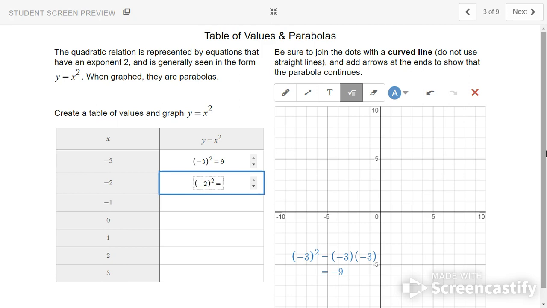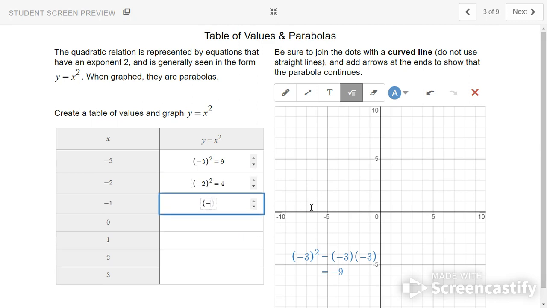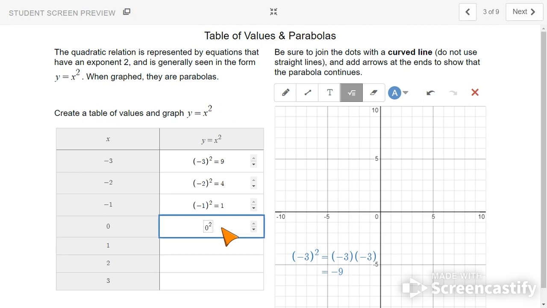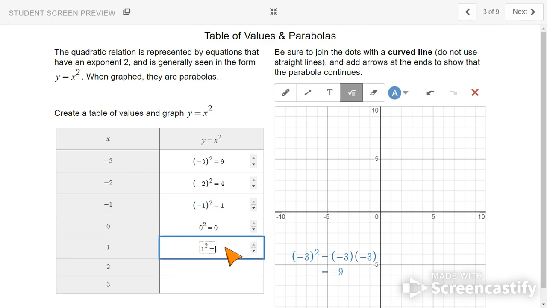That's negative 2 times negative 2. That gives me a positive 4. Negative 1 all squared. -1 times -1, that's a +1. 0 squared, that's equal to 0. Next, 1 squared is equal to 1.